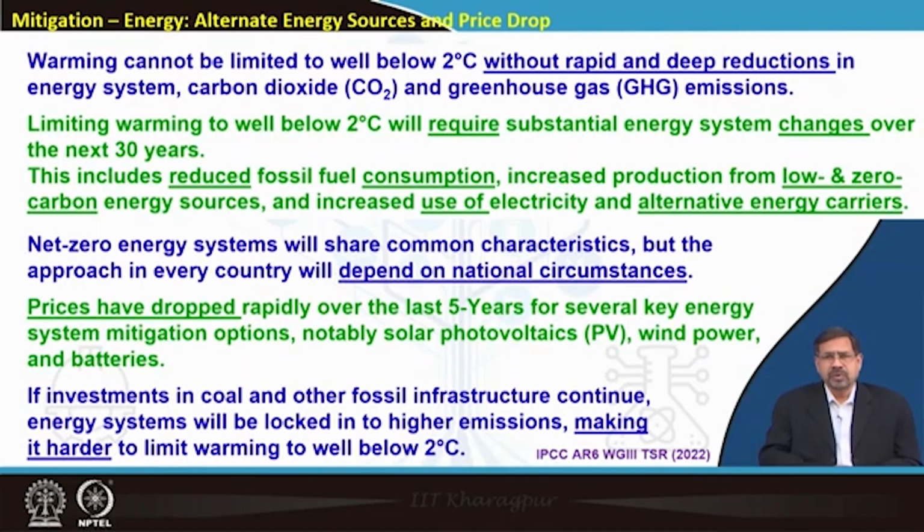But if humanity takes all the adaptation and mitigation measures, then perhaps it is possible to arrest the temperature rise at 2 degrees centigrade in comparison to the pre-industrial era, which we usually take as the average duration between 1850 and 1900.